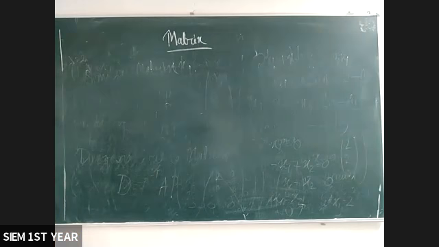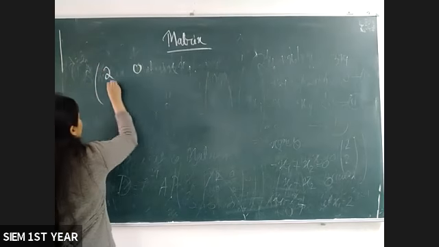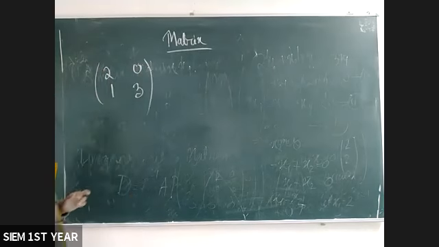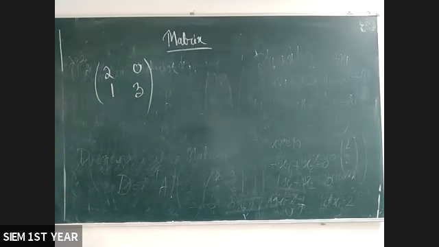Write down the question first because we only have 10 minutes. In the question a 2 by 2 or 3 by 3 matrix is asked. Diagonalize if possible the matrix 2013, and find the matrix P which diagonalizes it.